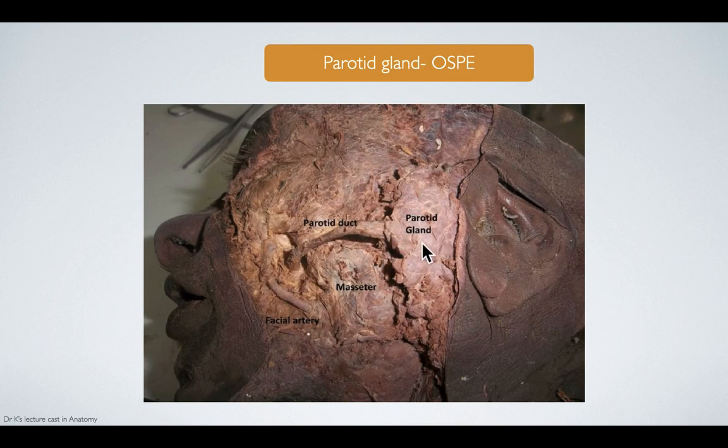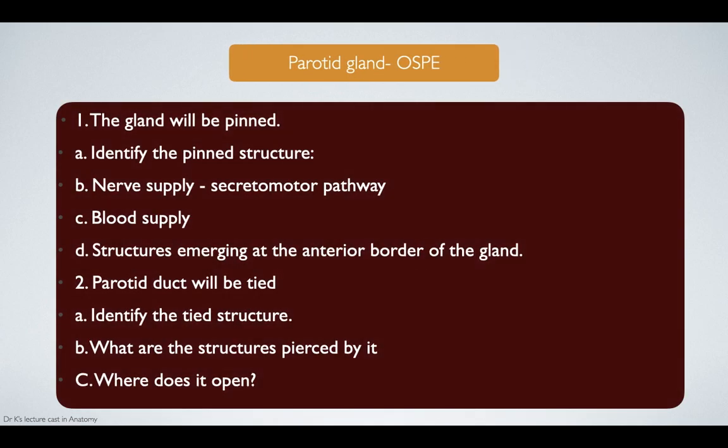If the gland is pinned, you might be asked about the secretomotor pathway and blood supply. If blood supply is asked, please write both arterial supply and venous drainage. When the gland is pinned, you have to identify what structure it is. For the secretomotor pathway, at least remember and write inferior salivatory nucleus, glossopharyngeal nerve, otic ganglion, and auriculotemporal nerve, at least a few important members that carry the relay.